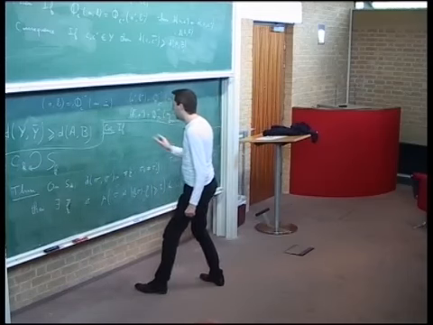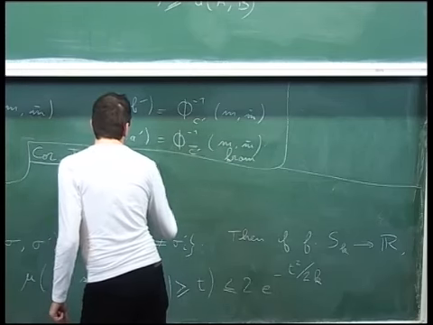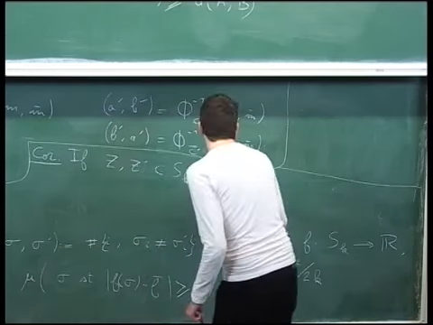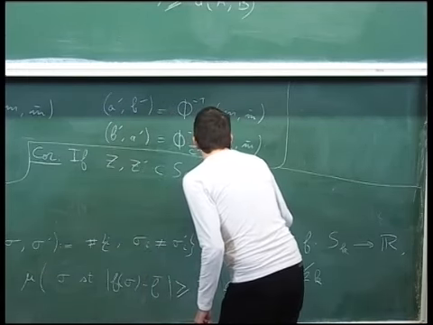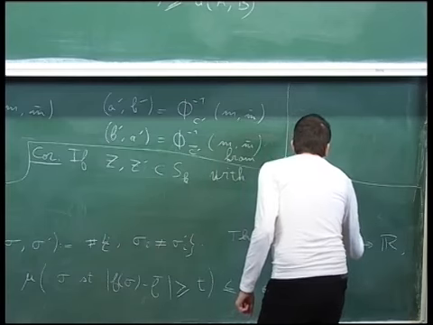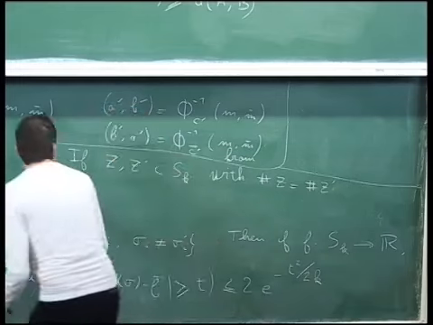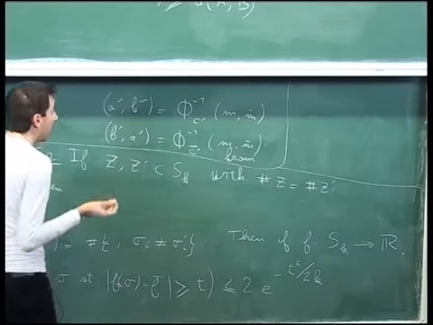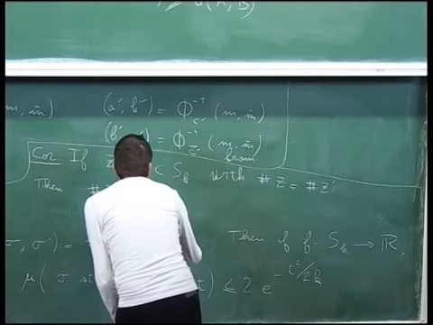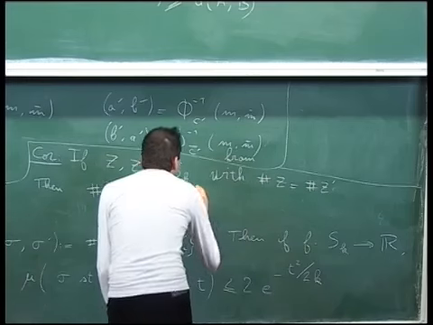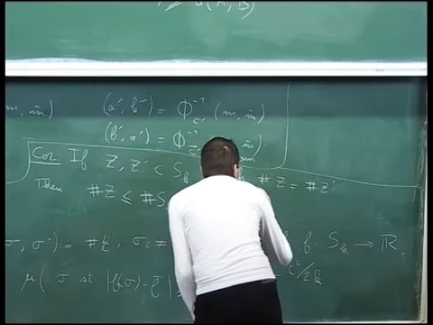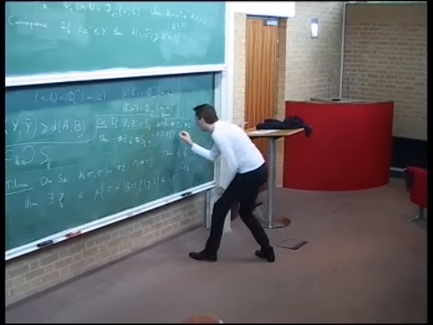So if I have z and z prime included in Sk, with the same size, then the size of z is smaller than the size of Sk times exponential minus the distance from z to z prime squared over 8k.